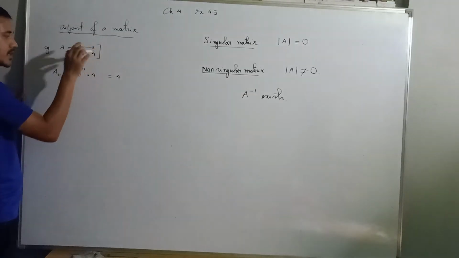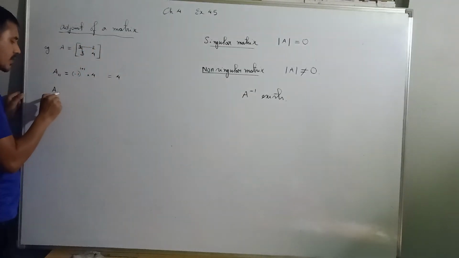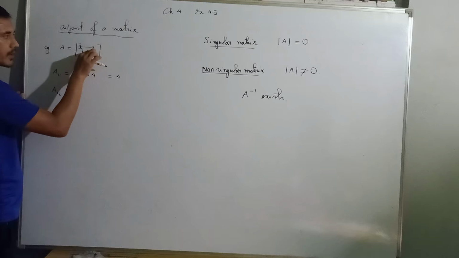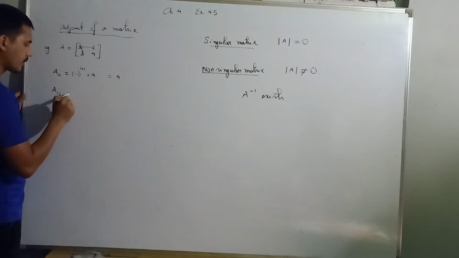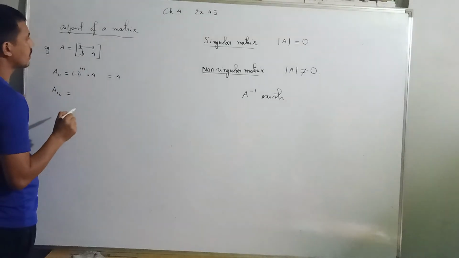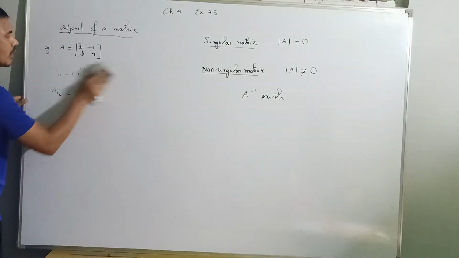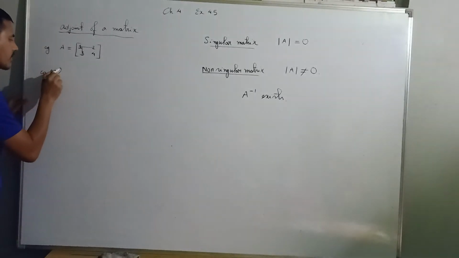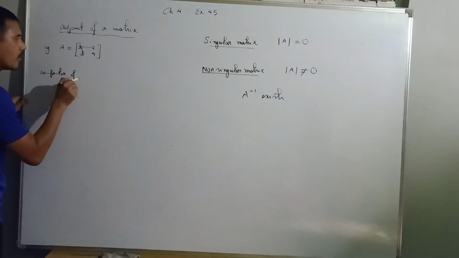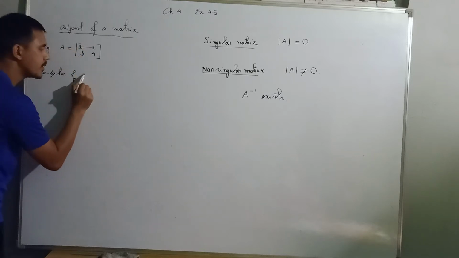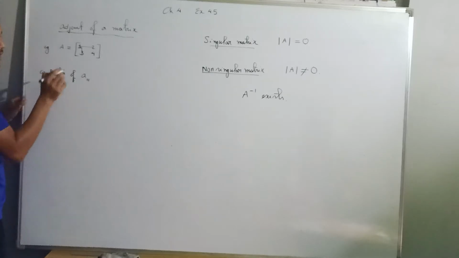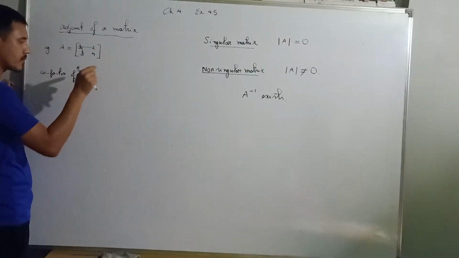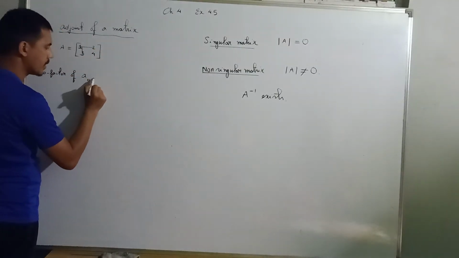Cofactor of this element, which is in first row and first column, is represented by capital A11.